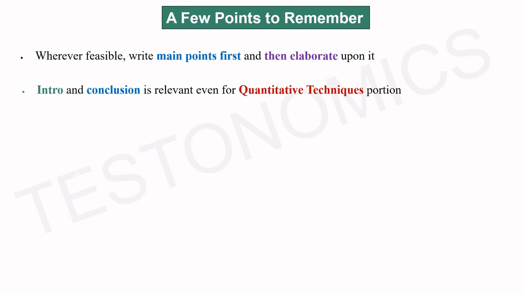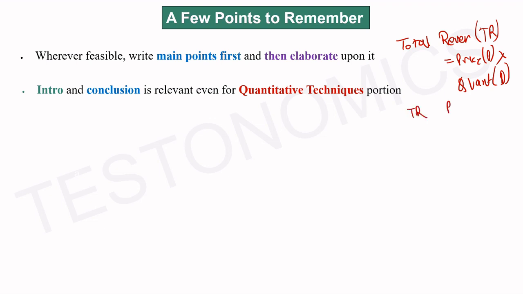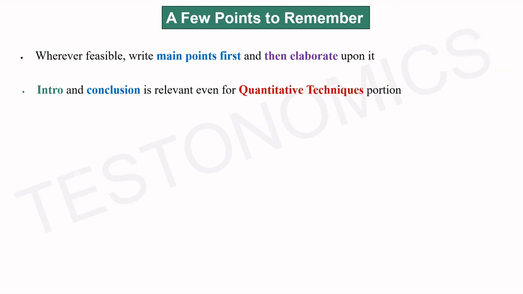And I would personally not write TR, MR from the word go. First, I would write it like this only: full form, total revenue, is equal to price multiplied by quantity. Right, that's what I would do. After that, I can use TR, P and Q or MR. Wherever I'm using an abbreviation for the first time, I like to introduce it. So I suggest you also follow that approach.